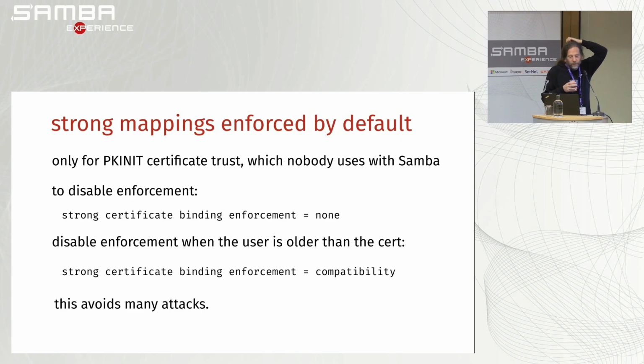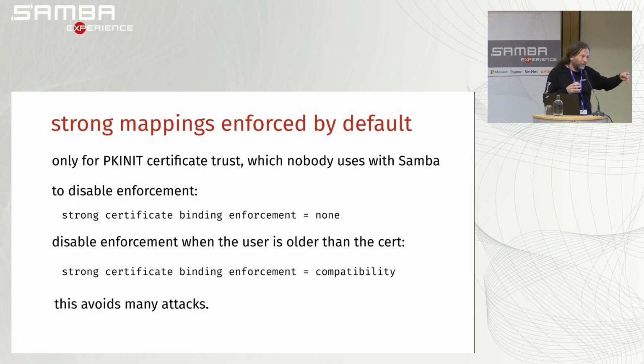if the user is older than the certificate, which is the usual case because you create your user and then you make your certificate, then you don't worry about the mapping. But if you make the user after the certificate, that is usually a sign that you're making a user with a tricky name.